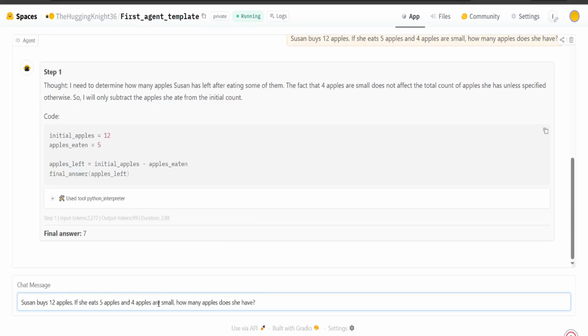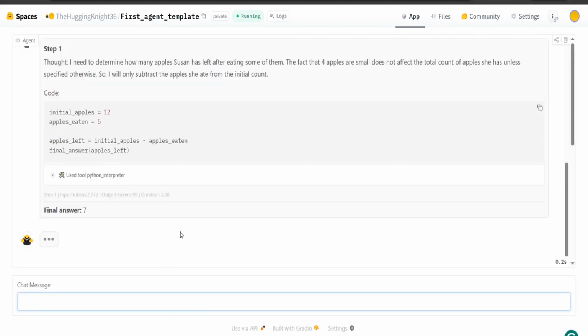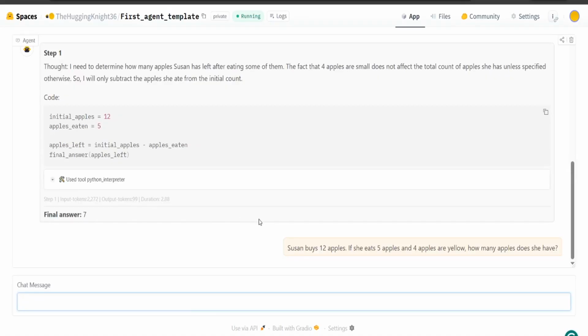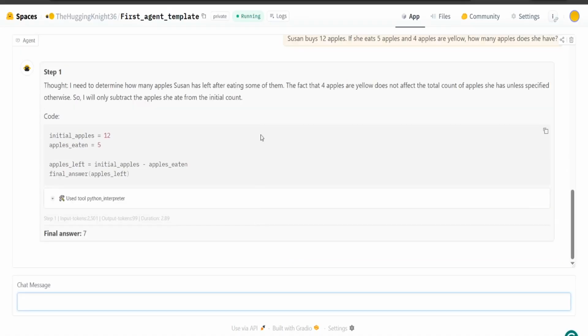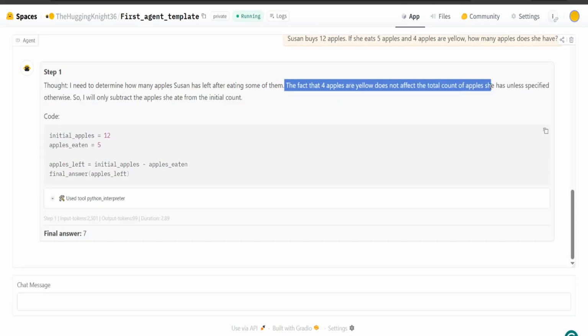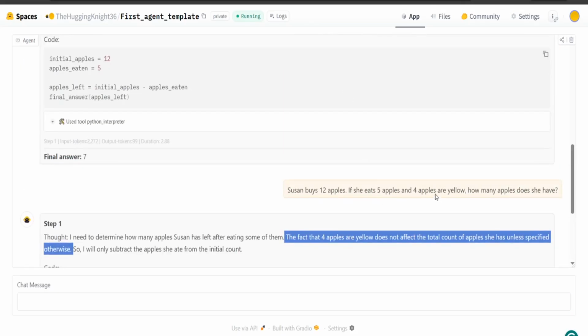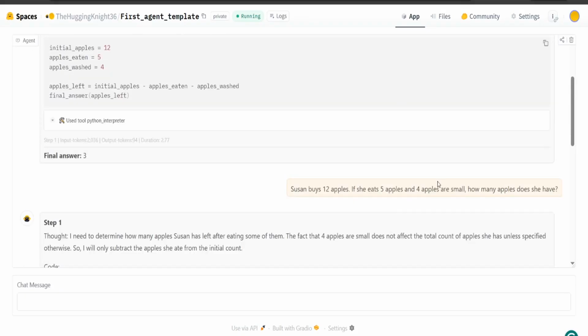So if 4 apples are, let's see, what can we say? If 4 apples are yellow, okay, I think this should be enough examples that the caveats are not affected.